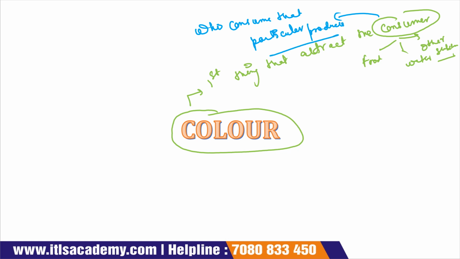Now the color of the water, we all know it is colorless, meaning transparent. If it is not colorless, would you drink that water? Suppose some pollutants are mixed into that water.